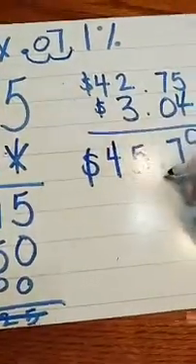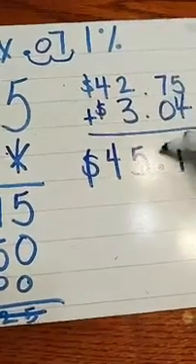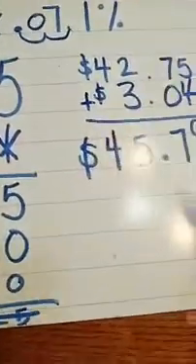I dropped my decimal like it's hot because we're adding now. So we just bring the decimal straight down. So the total cost of my item is going to be $45.79. That's with tax, guys.